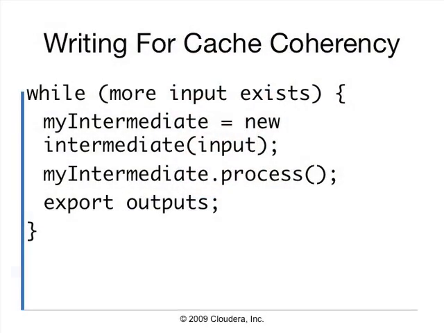So whereas you would usually write a loop like this if you're using regular primitive types, in Hadoop, you very often create a single object to hold your intermediate data and run the loop like this. And so this has the advantage of providing cache coherency and eliminating unnecessary garbage collections. The downside here is that you have to be a little more careful.